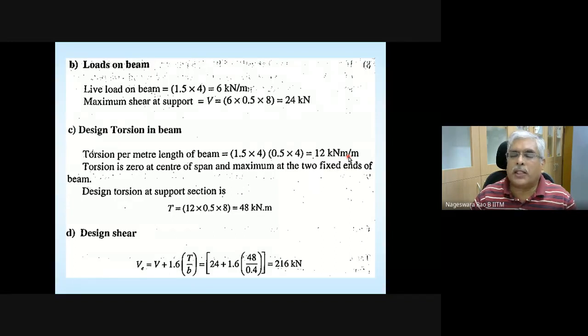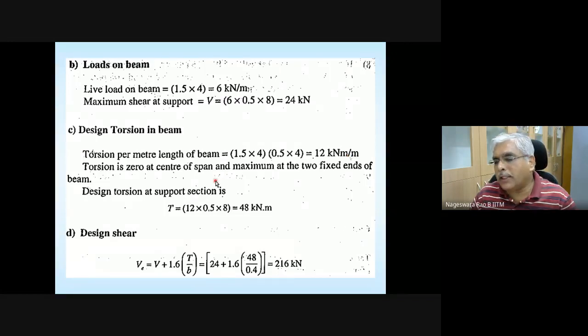Even if you are asked to estimate the capacity of a real, existing beam, you need to watch all these things: what is the span of the slab projecting from the face of the beam, and what is going to be the eccentricity? All that you need to estimate based on the real conditions.